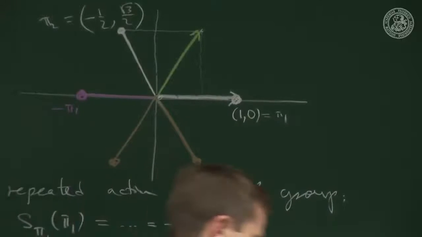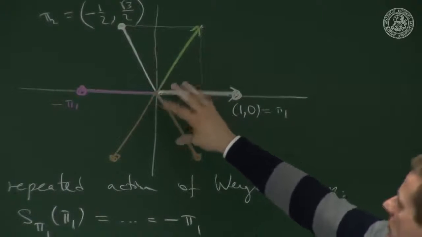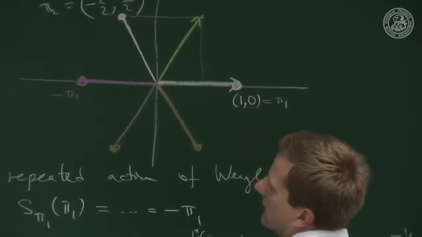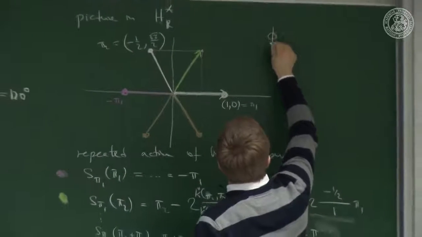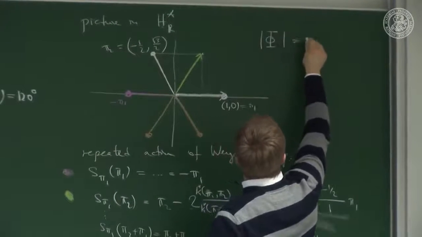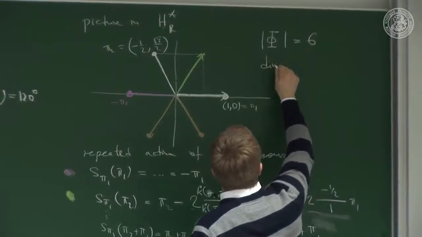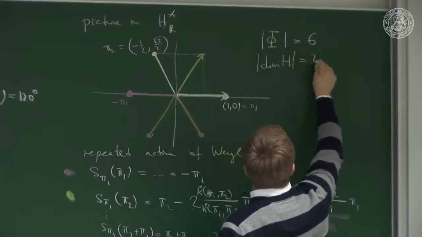And any further action of the Weyl group will only permute these roots amongst each other. So what do we have? We have a root space of size 6, and we have a dimension of h which is 2. How do we know this?